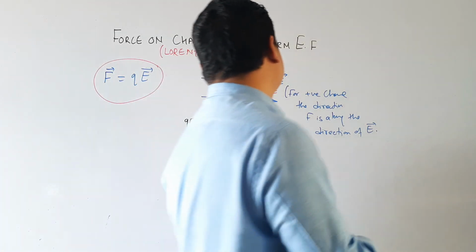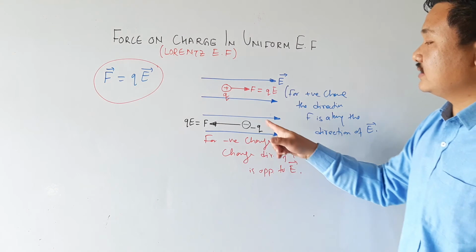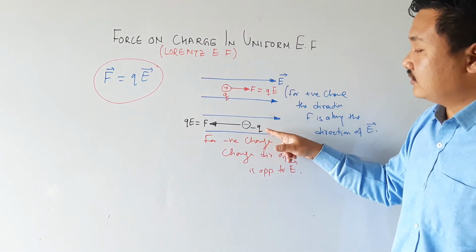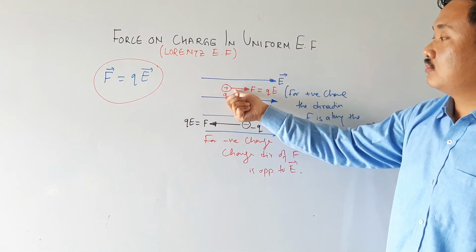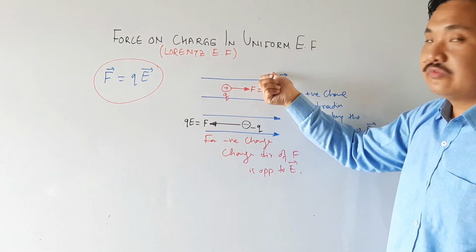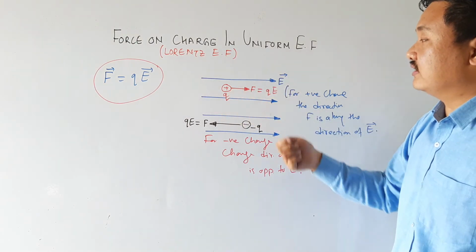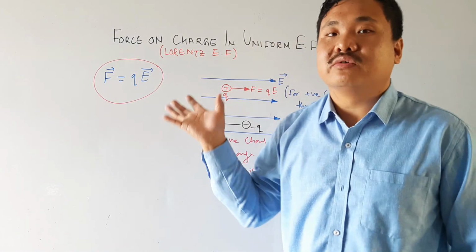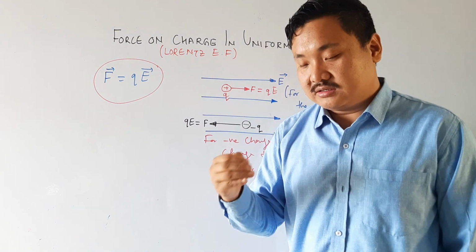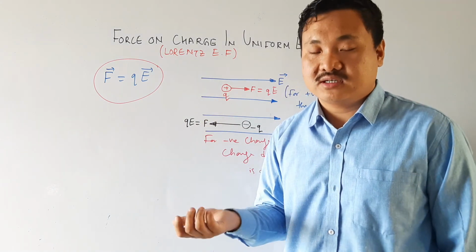Okay, so if you put a negative charge in electric field, it will move in opposite direction, backward. If you put a positive charge in uniform electric field, it will move in the direction of electric field. So this concept we are going to use, okay, in coming lecture. Okay, so thank you.